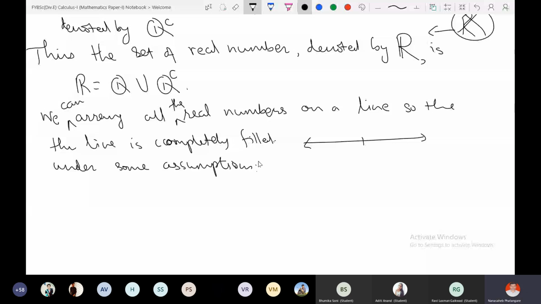But how to arrange the real numbers on a line? Can we put numbers arbitrarily? Today I will put 0 here and -1 here and 2 here. Next time I will put 2 here and -1 here.